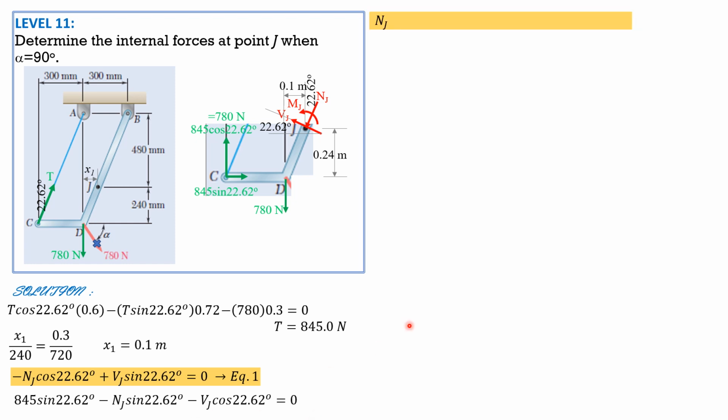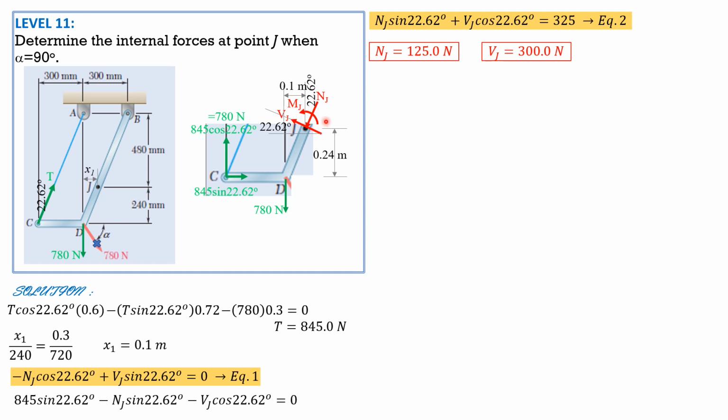So simplifying, we have NJ sine 22.62 plus VJ cosine 22.62 equals 845 sine 22.62, or 325 if you simplify that. So solving equations 1 and 2 simultaneously, we get NJ equals 125.0 Newton. So that's correct. It's compression. VJ is equal to 300 Newtons.